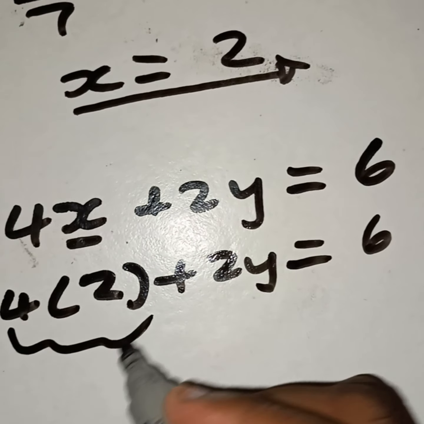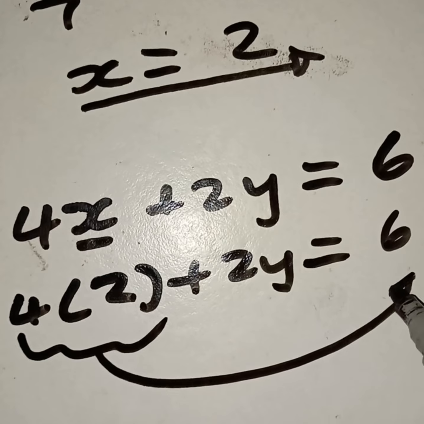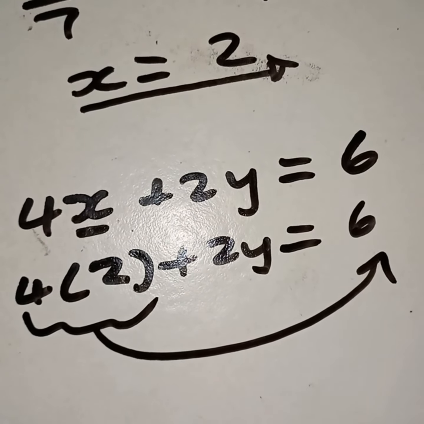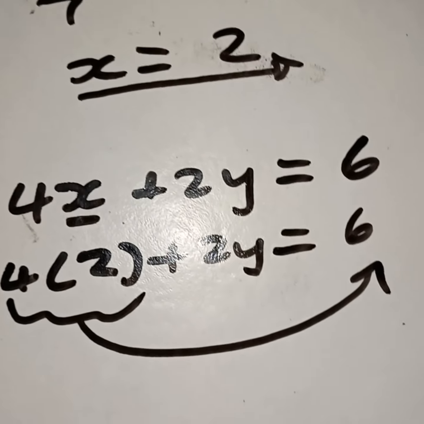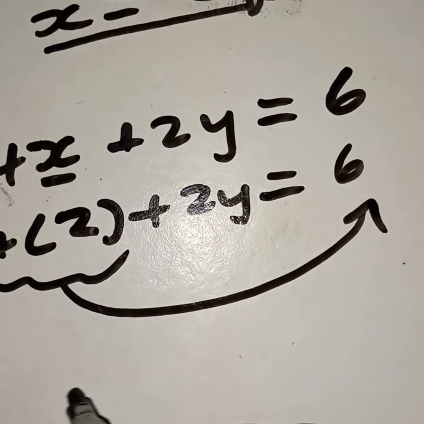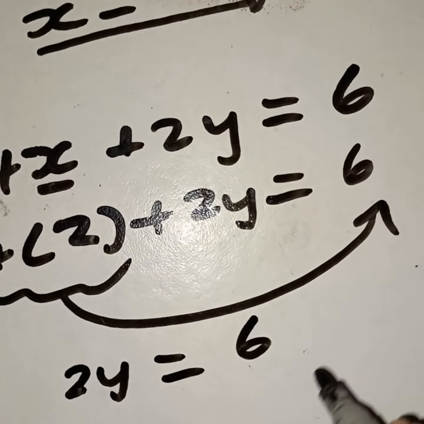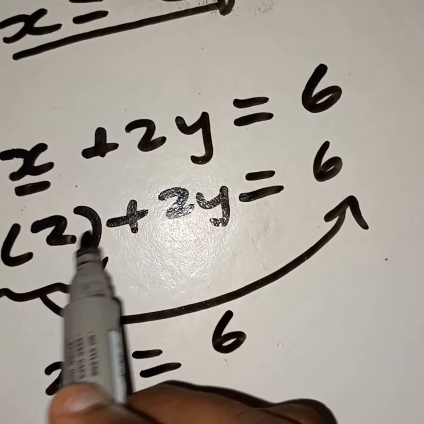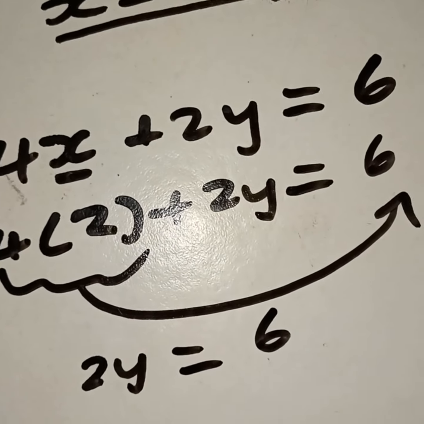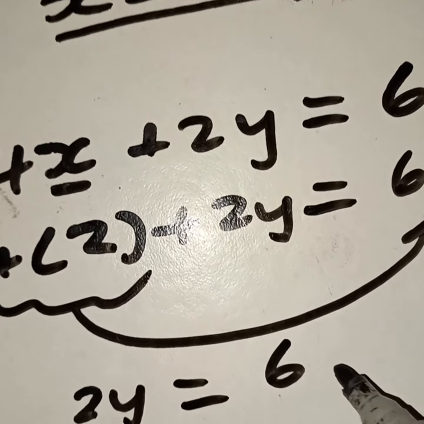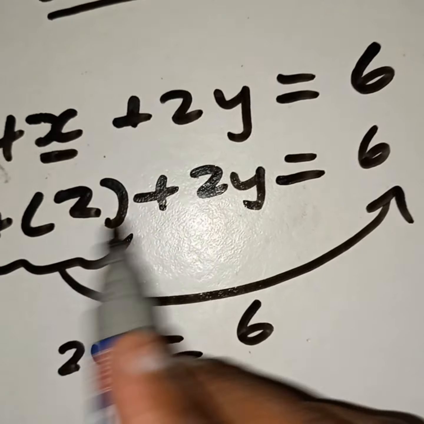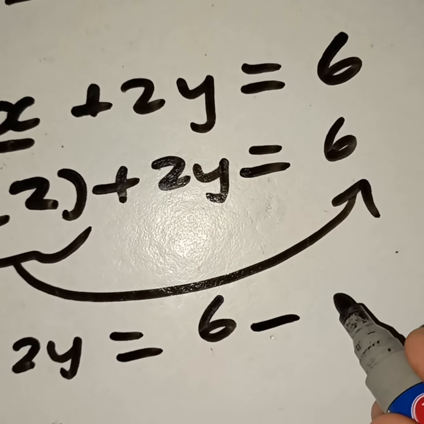That will give us 8, but we're going to transpose it towards the right hand side of the equal sign. Then we're left with 2y equals 6, and the positive 8 will change sign when we transpose, so it will be minus 8.